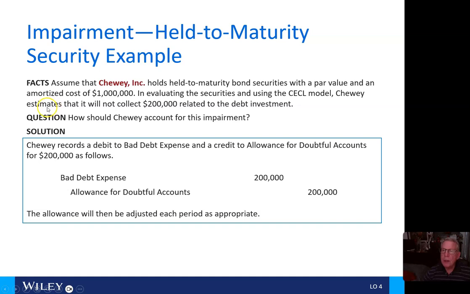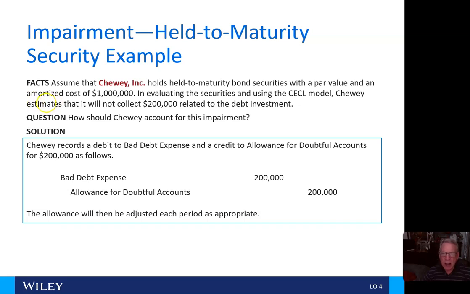Let's take a look. We assume that Chewy Incorporated holds a held-to-maturity bond security with a par value and an amortized cost of $1 million. In evaluating the securities and using the CECL model, Chewy estimates that it will not collect $200,000 related to the debt investment.